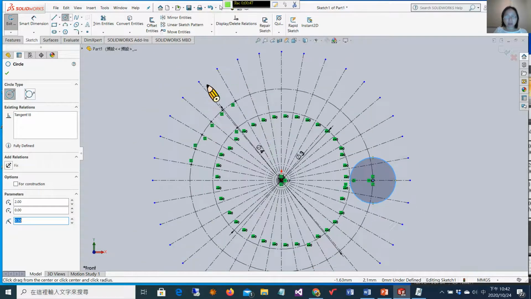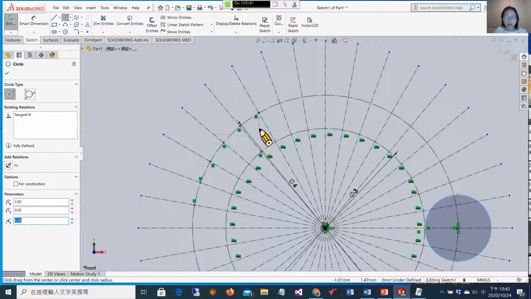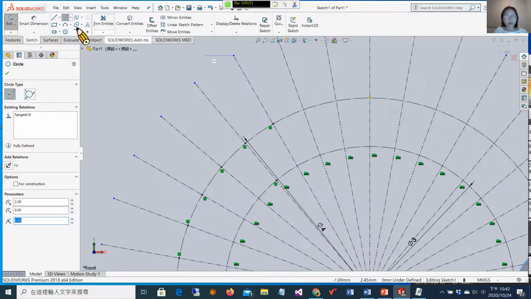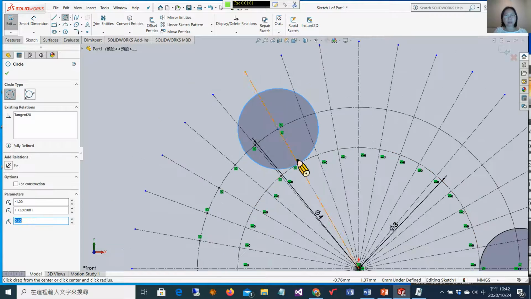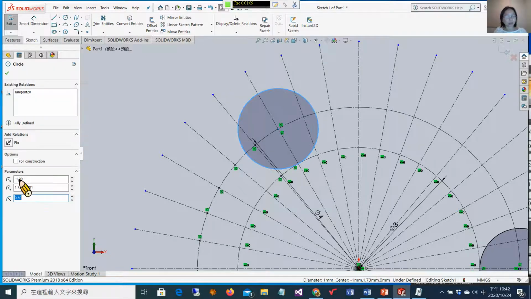And I go to the contour here. This is the 120 degree ray line. And draw a circle again, and change the line type into construction line.